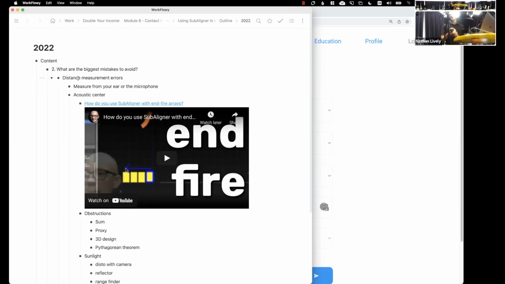Number one, it's hard to see a laser in the sunlight. So for that, I recommend that you get these golf rangefinders that are pretty cheap. I think this one is less than $100.